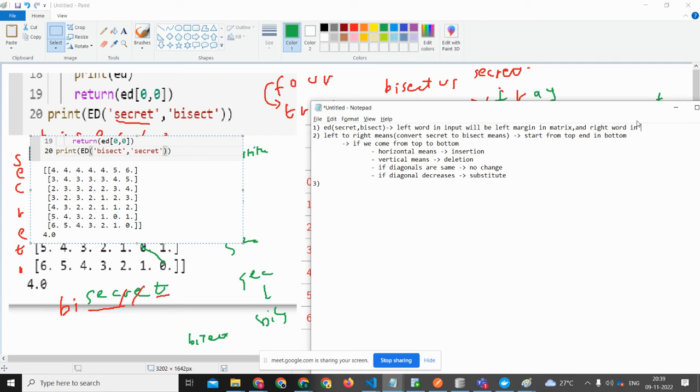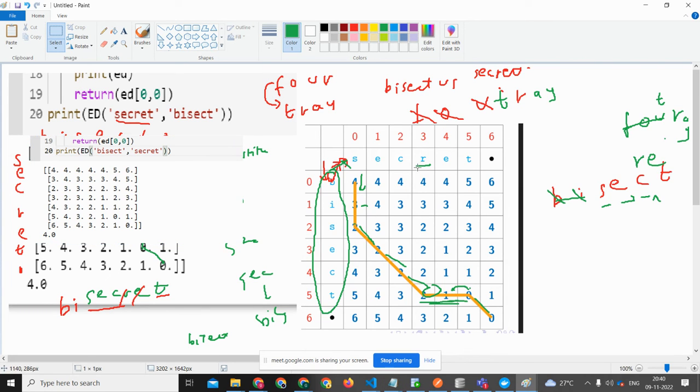So don't you need to change the order of secret and bisect? I'm not able to understand. You're referring to the example given by the professor, as per the PPT, correct? Here, this is what, right? We have written secret and bisect, and the left word goes on the left. Bro, bisect comes first, I mean left to right.